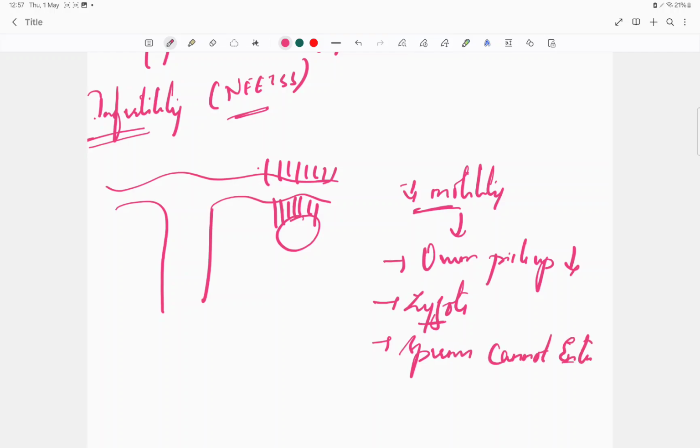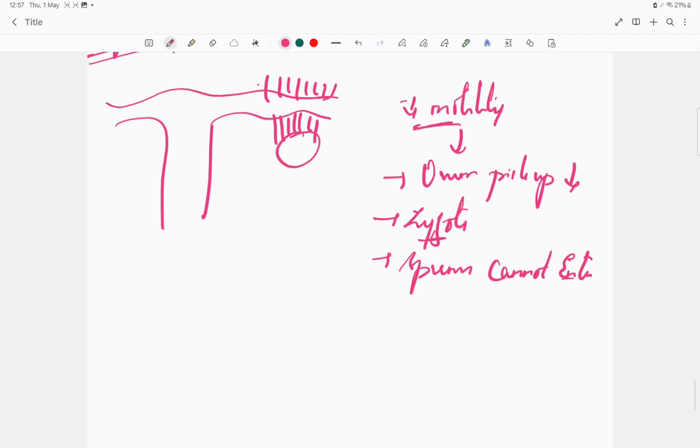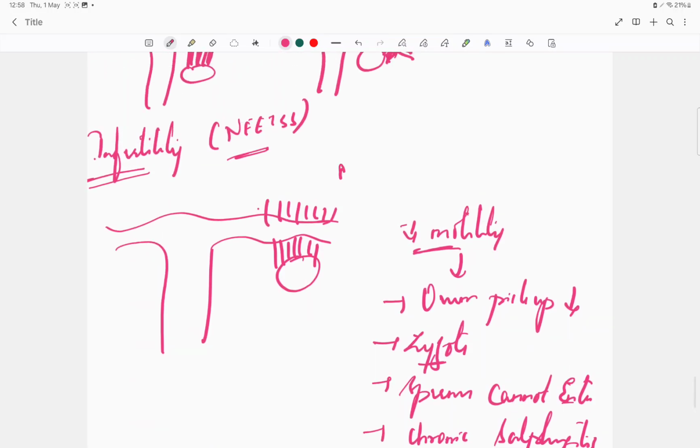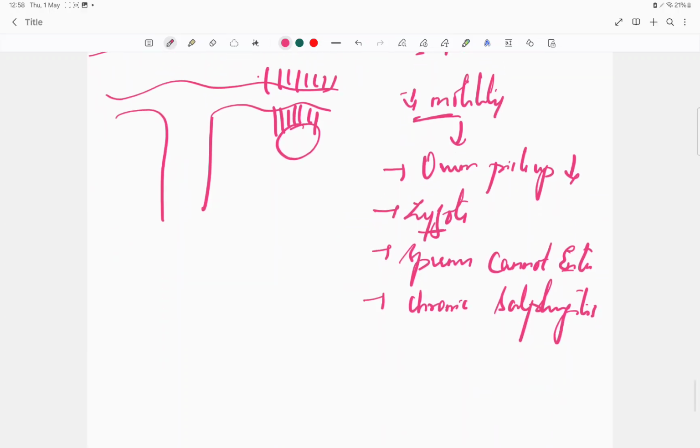That is because of the adhesions, and sometimes multiple inflammation may lead to chronic salpingitis. So the tubal motility will be reduced, ovum pickup will be reduced, and there is distortion of the tubo-ovarian relations. All because of this, these are called mechanical factors, which I told you. These mechanical factors are responsible for the infertility in this.